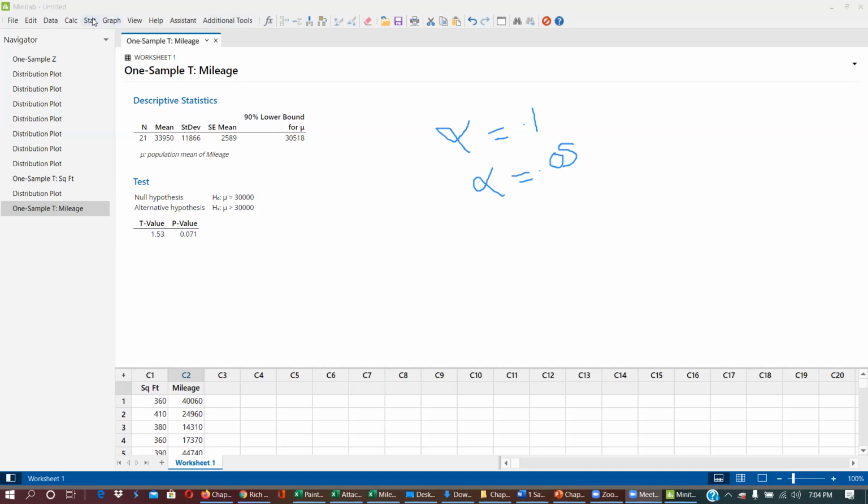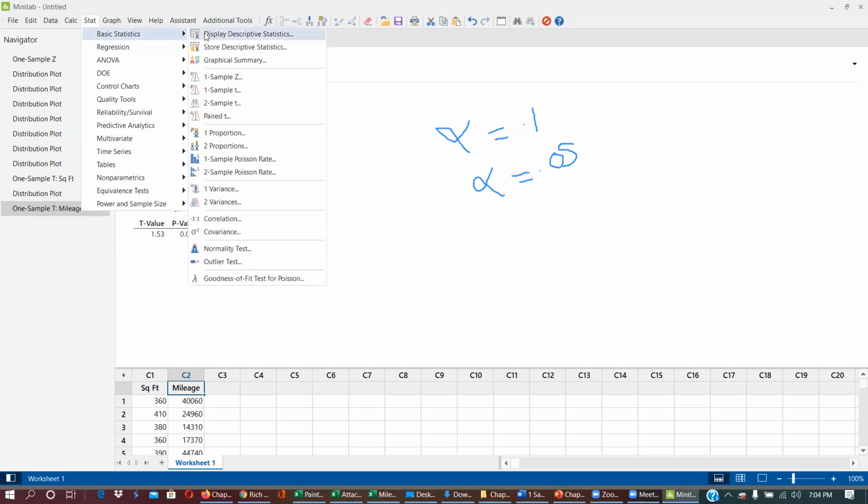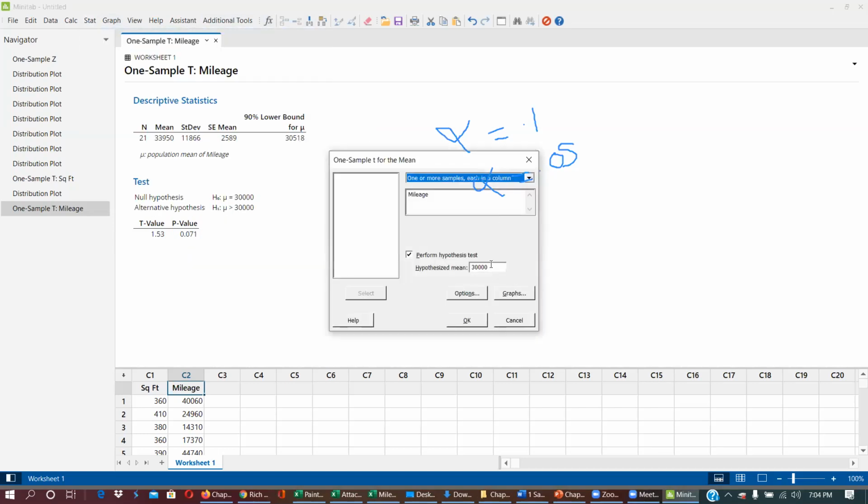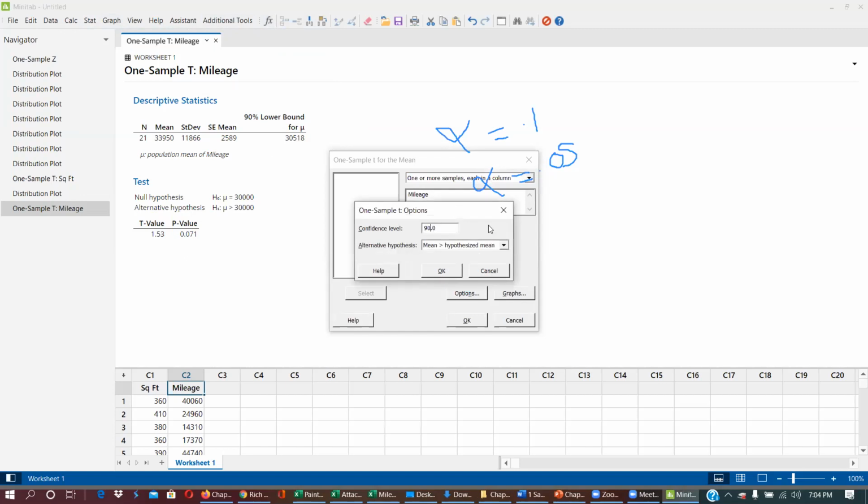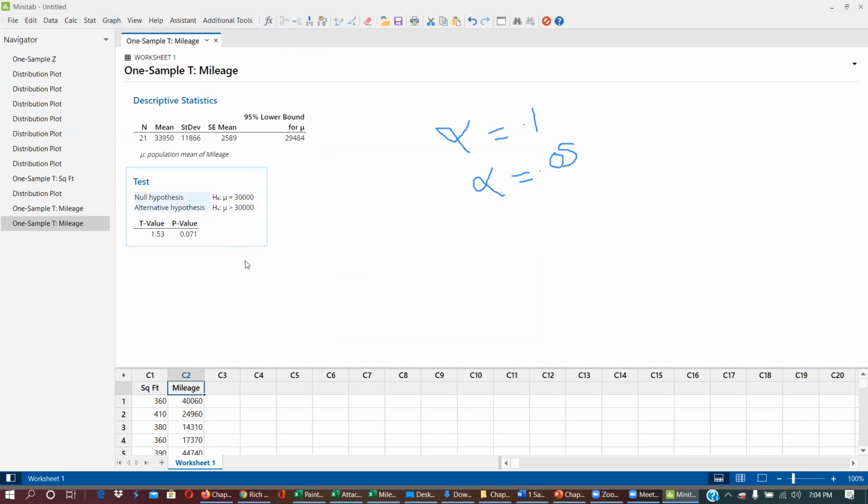I'm just going to do the same thing again, here doing 95%. Look into this. Can you see this? Is the conclusion now to accept it? So this could be choosing the wrong alpha value. This error can be possible.